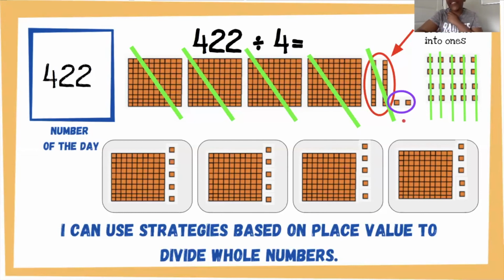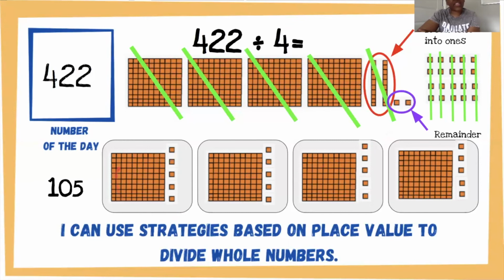For the purpose of our problem, because there are not enough of our units to go around, they become what we call our remainder. And so when we solve our problem or we provide our answer, we are going to provide our answer based on the number of pieces we had in each group.